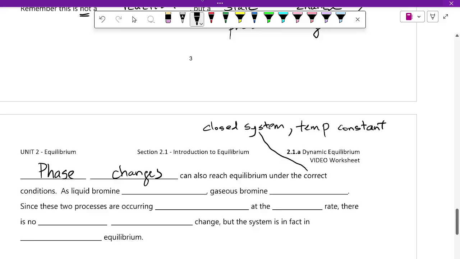As liquid bromine turns into gas, what do we call that process? Evaporates. Okay, so as liquid bromine evaporates, gaseous bromine then condenses.